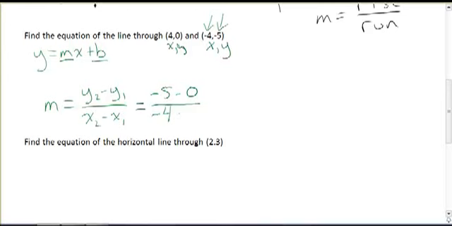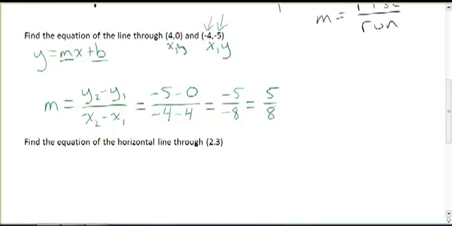Negative 4 minus 4. Well, what slope does that give me? That gives me a slope of negative 5 over negative 8. And we all remember that a negative over a negative is a positive. So this is equal to 5/8. So my slope is 5/8. That's great. I know that now.